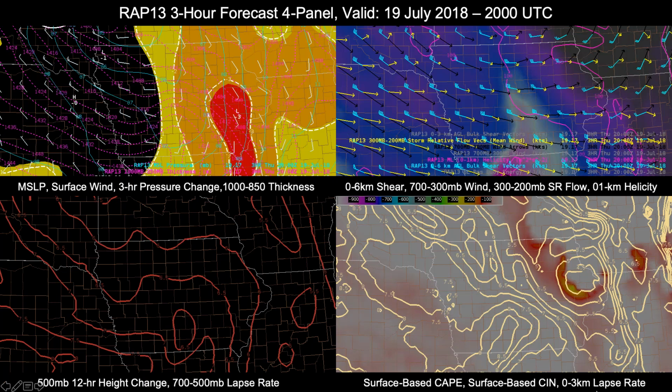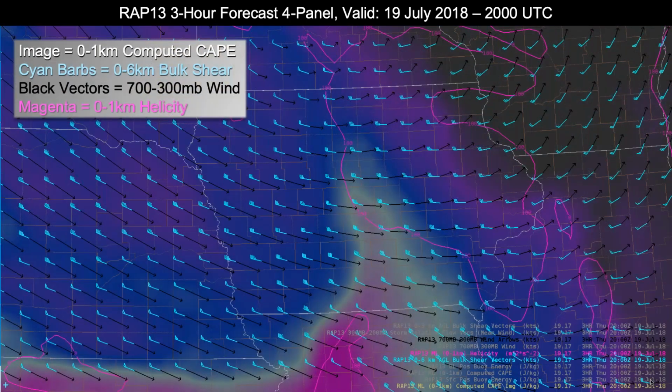This procedure was designed to aid in diagnosing the potential for convective initiation via the left two panels showing fields related to forcing, the availability of unstable surface-based parcels using surface-based CAPE in the bottom right, and the potential for the formation of discrete storms by analyzing a number of vector products in the upper right.